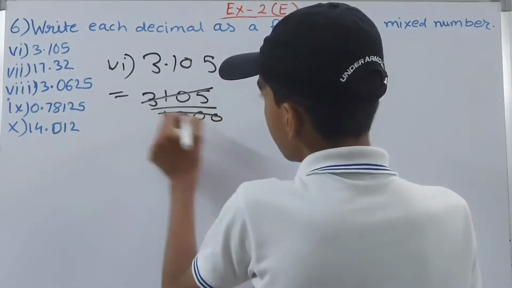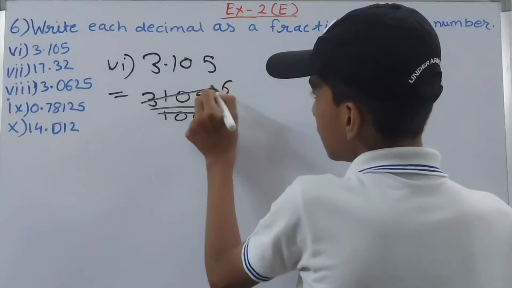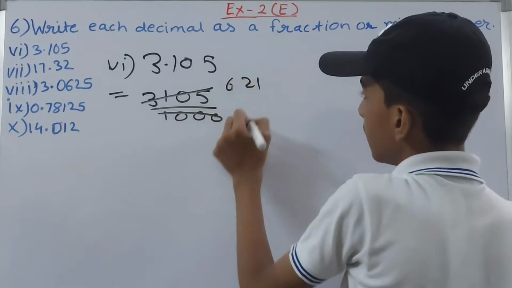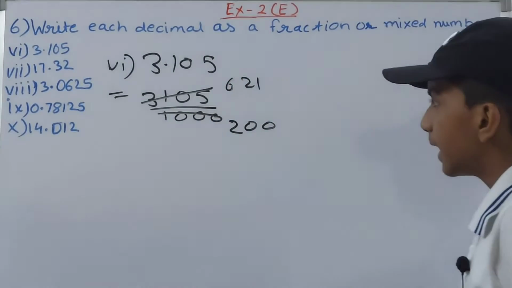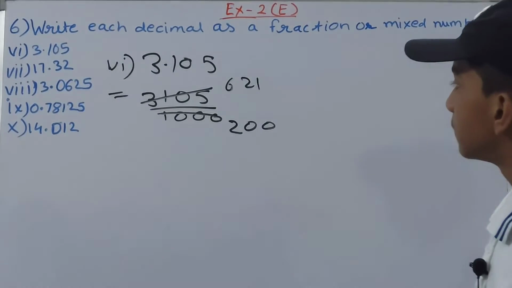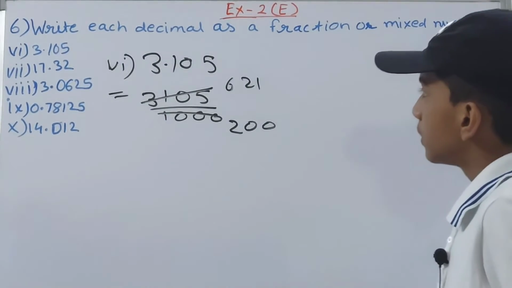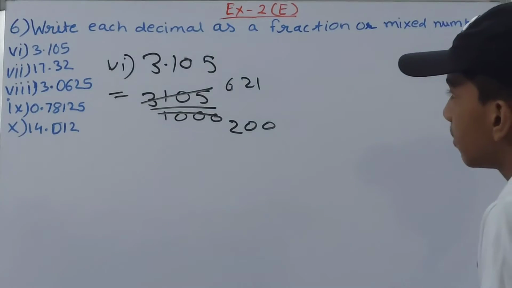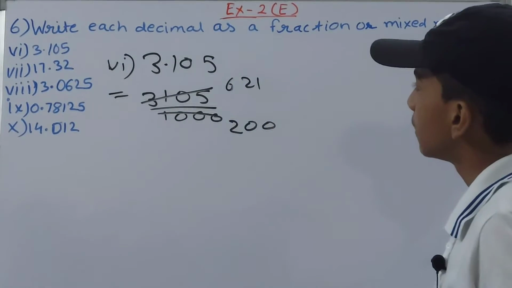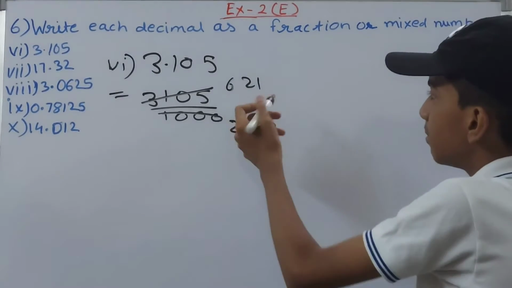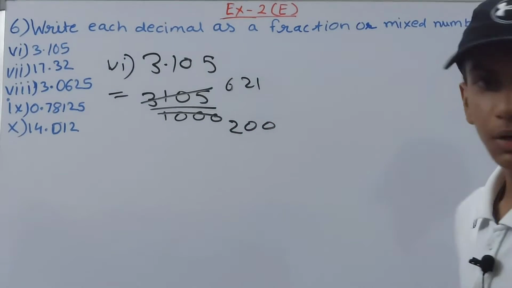Yes. So simplifying by 5 we get 621 upon 200. Can we simplify by any other number? 21 is not divisible by 2, and 200 is divisible by 10 but 621 is not. Can it be divided by any other number? No. So we now convert this to a mixed fraction.